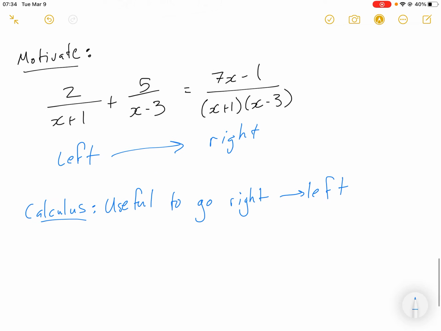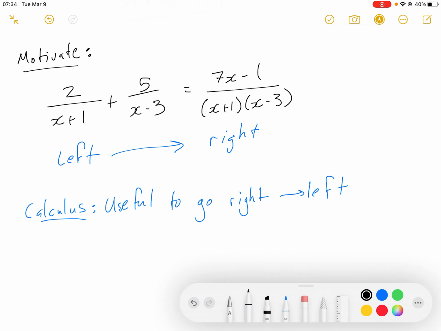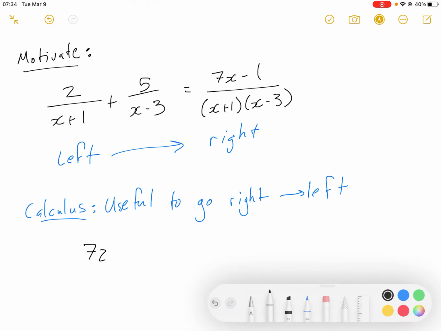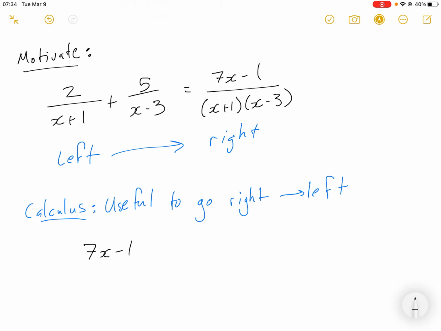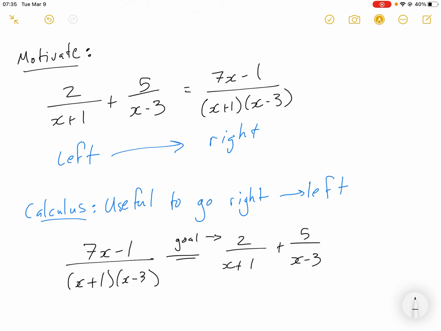And so what I mean by that is we'll be starting with expressions that look like this. And our goal will be to get to basically what we started with. So it's sort of undoing what we did in the last video.